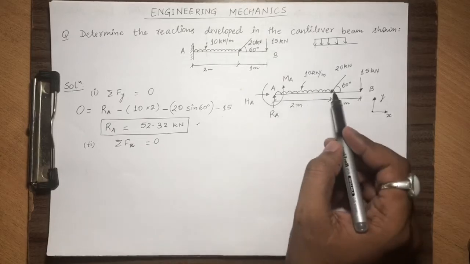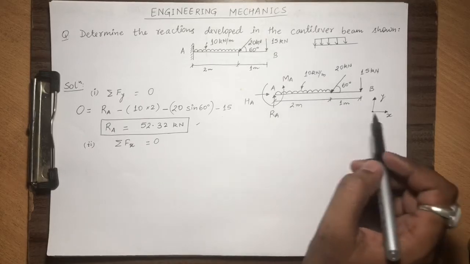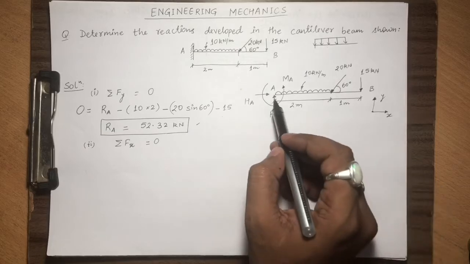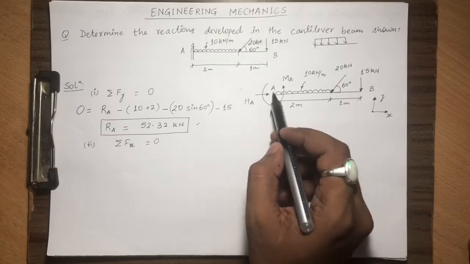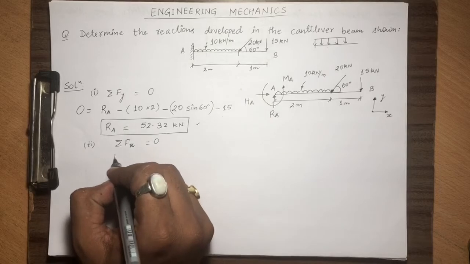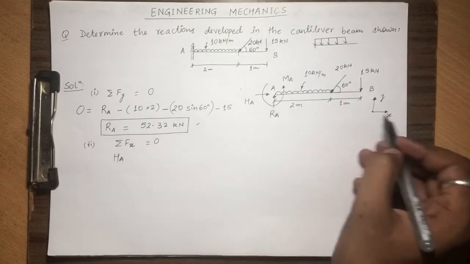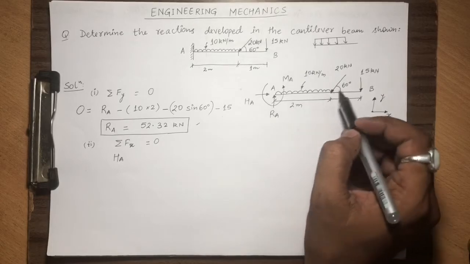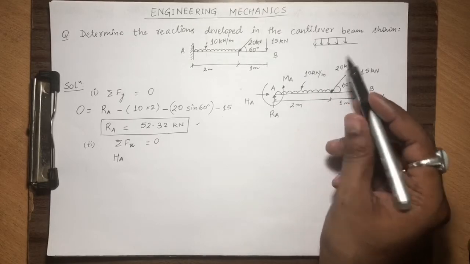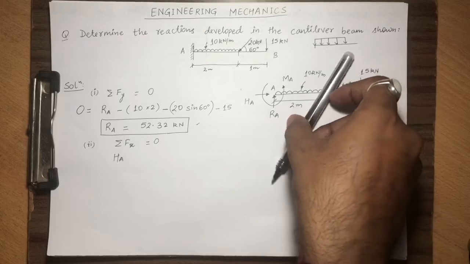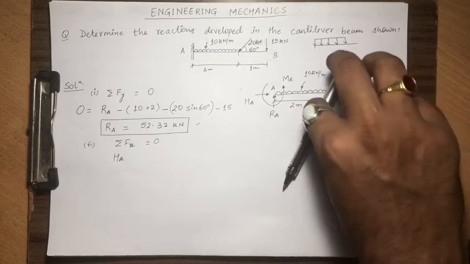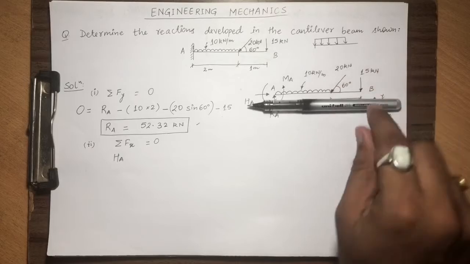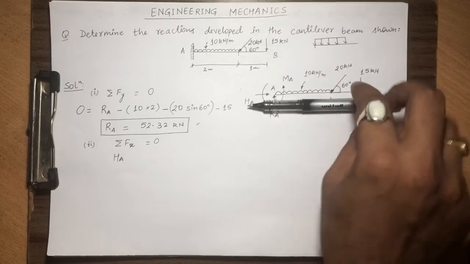So we have to check all the forces which are acting in x direction, starting from this end A. So here horizontally HA is acting, HA along with this x direction. This is vertical, so no component. This is an inclined load, so this is acting like this. So one component was vertical, another component is horizontal. So this is acting parallel to x.